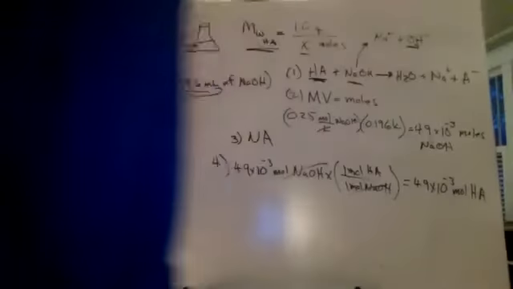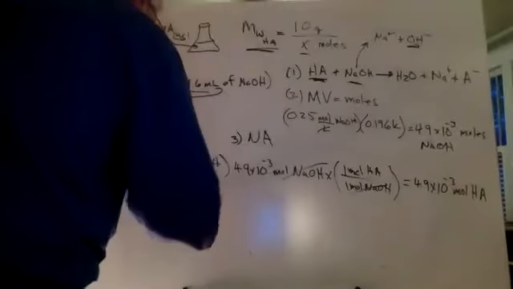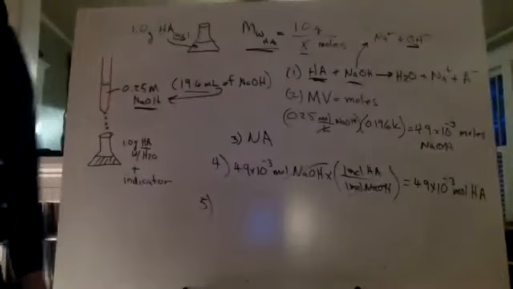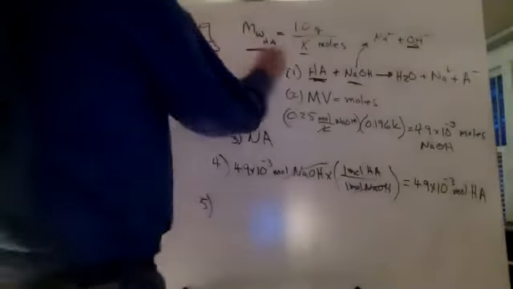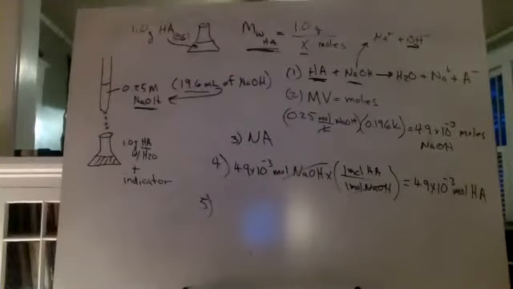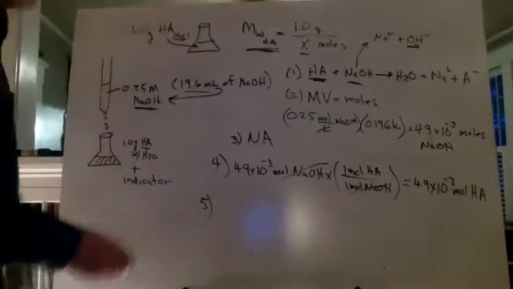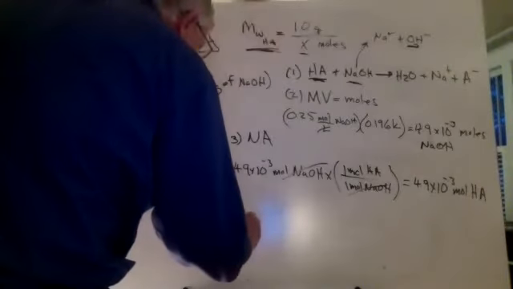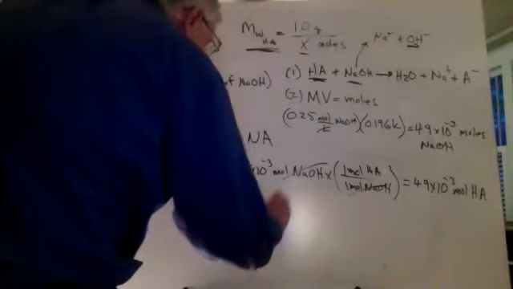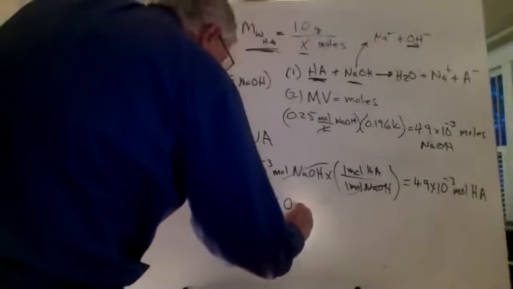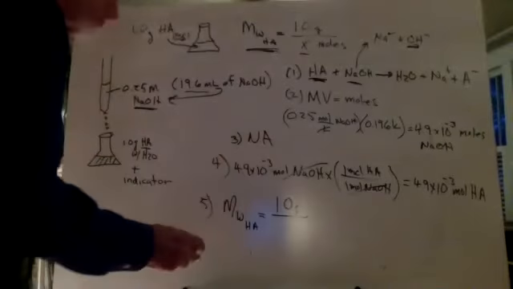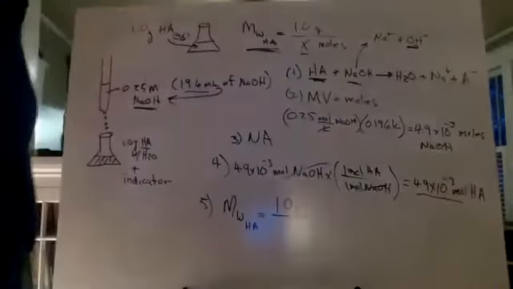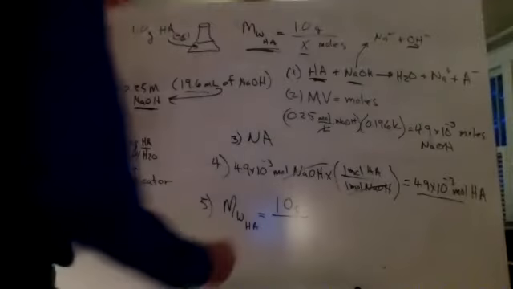Okay. And now we're ready to solve the problem. What was the question? What is the molar weight of this monoprotic acid? And as we show up there, the molar weight of HA is 1 gram is the mass. Molar mass is grams per mole. And we just determined that in that 1 gram, we have 4.9 times 10 to the negative 3 moles of the acid.